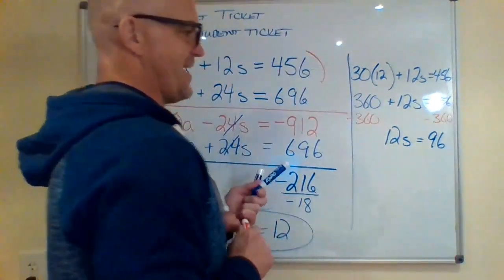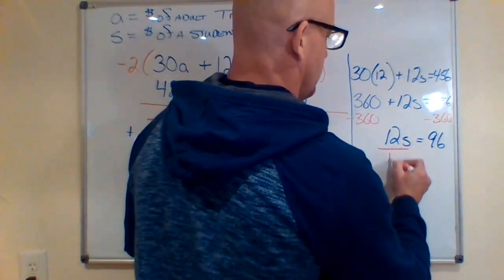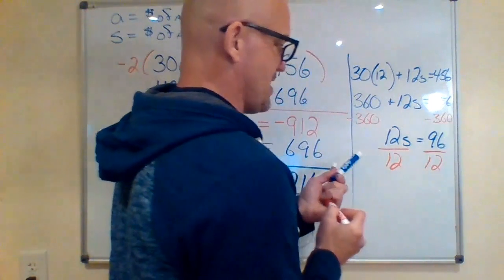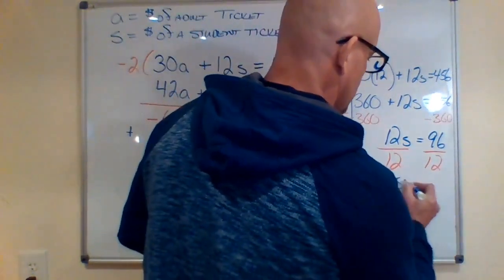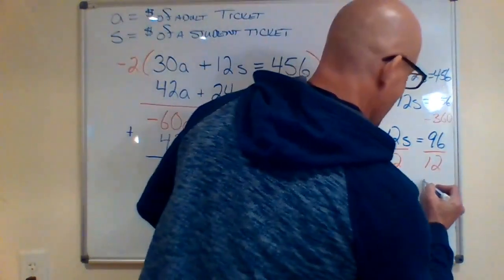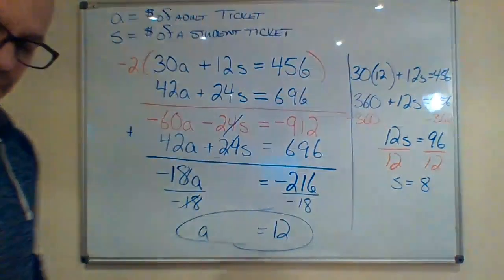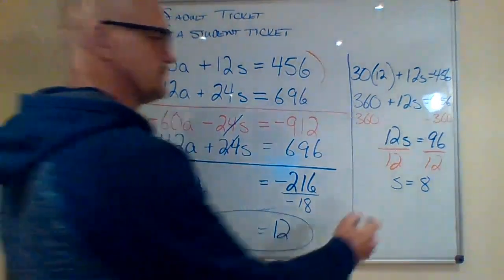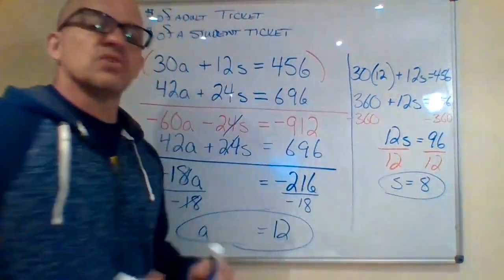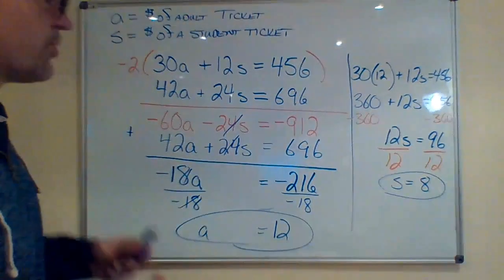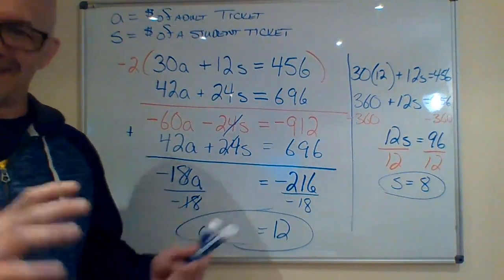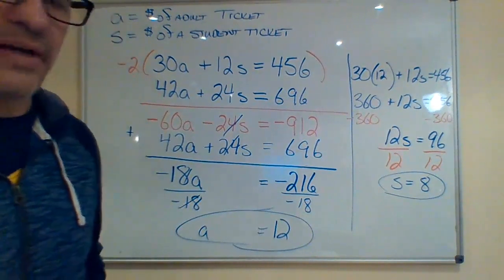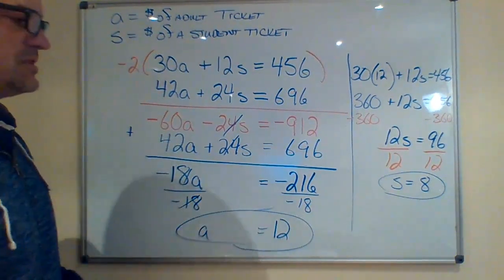Then I'm going to divide both sides by 12. And that's going to give me S equals, I do believe that would be 8. We can verify if you want. Divide it by 12. I do get 8. Don't forget that this is a word problem, so do provide an answer in a sentence or some labels. So they asked me what the price was of an adult ticket and a student ticket.